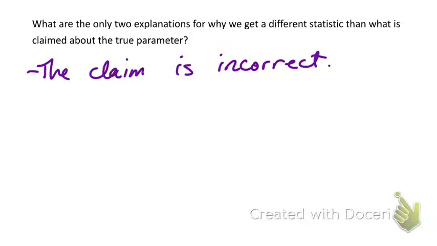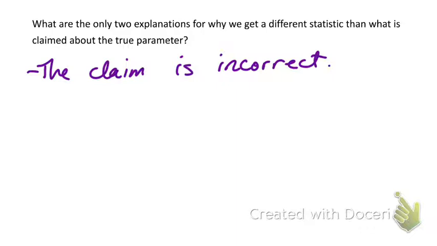But what's the other reason that could be why our statistic, our sample, doesn't match the parameter? Why might that happen? If the claim is truly correct, why does our sample not match the claim? Bias? Could be there was some bias in our sample. That could be. What else?